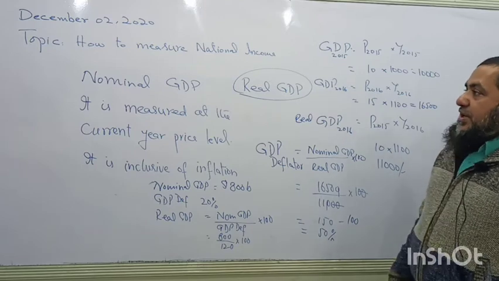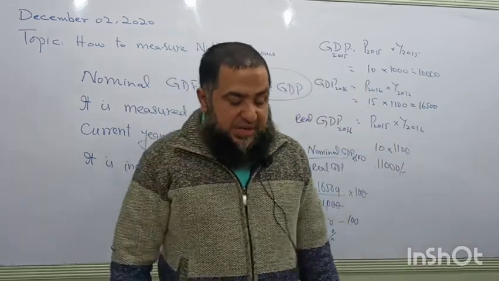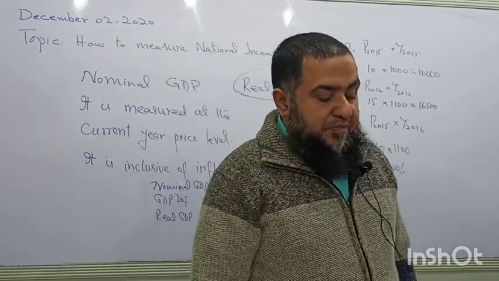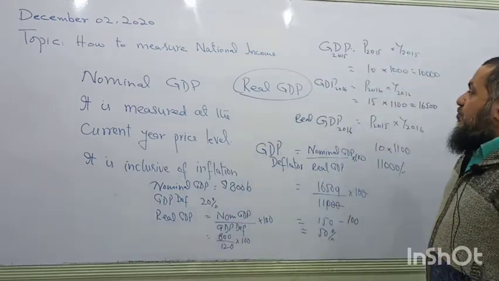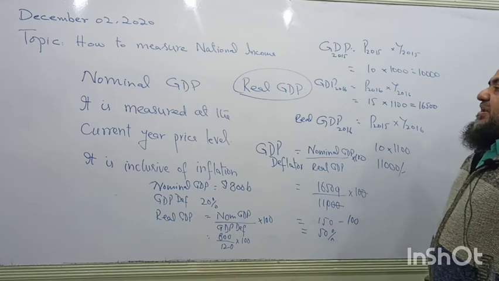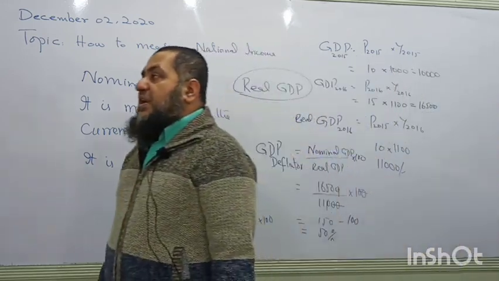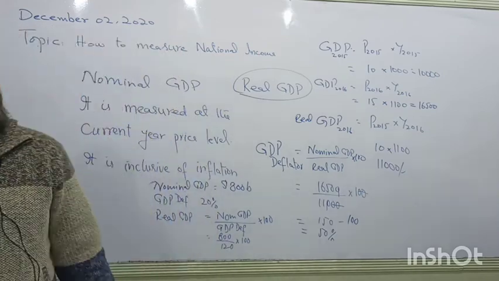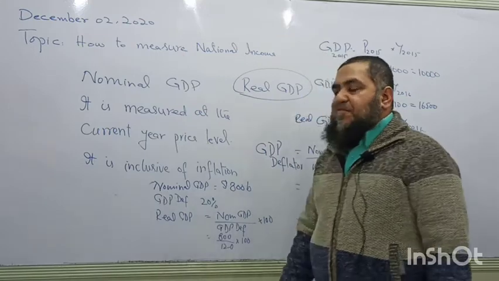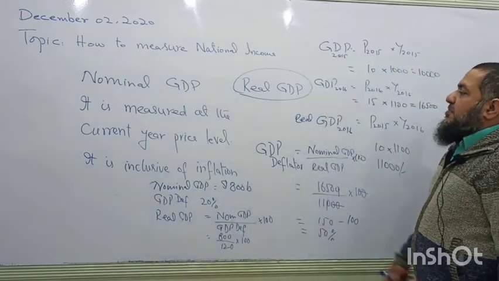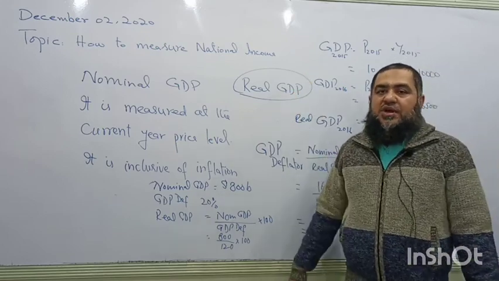In this lesson of today, we started our study of national income measurement by GDP, output method, income method and expenditure methods, and then we differentiated between nominal and real GDP. And what is meant by GDP deflator? Actually, the increase in GDP deflator value tells us how much inflation has taken place in this country. So we need to measure GDP in real terms, not in nominal terms. This is my point of action.